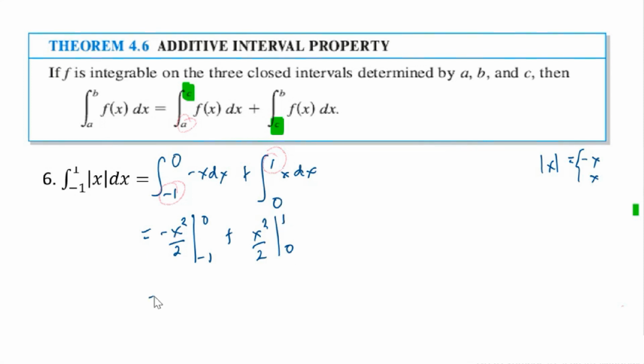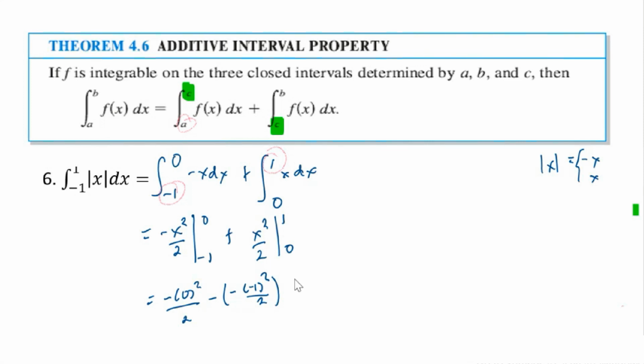By substitution, we have the negative of 0 squared over 2 minus the negative of negative 1 squared over 2.